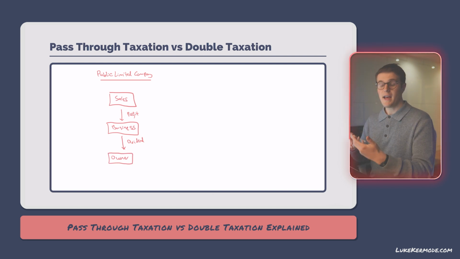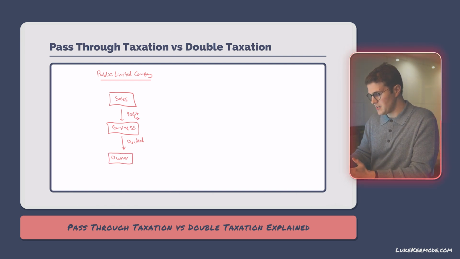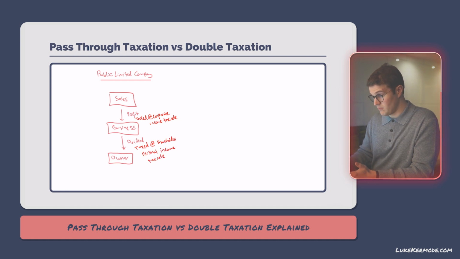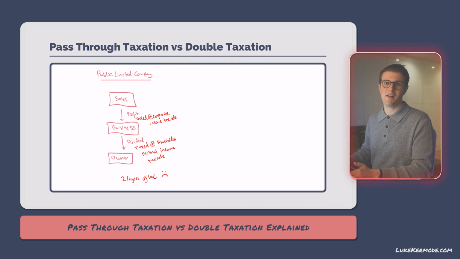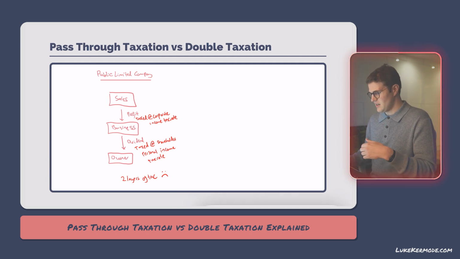And as we discussed, there are two layers of tax. The profit that the business generates is taxed at the company's corporate income tax rate, and the dividends are taxed at the shareholders' personal income tax rate. So in effect, two layers of tax, which is obviously not a good thing. Public limited companies incur two layers of tax, which is not ideal.